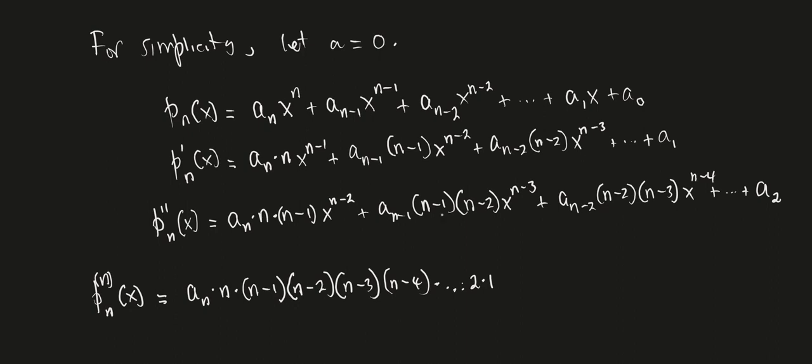Now what's going to happen to the other terms? Well, if you think about it, the other terms, those would go away because they would have a power that is less than that highest power. So technically, after differentiating my nth degree polynomial n times, all I am left with is this constant, right?